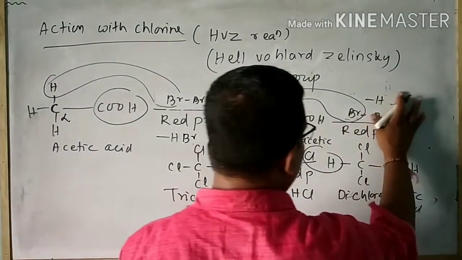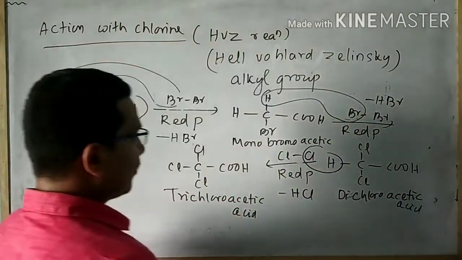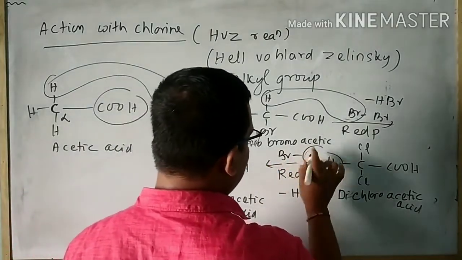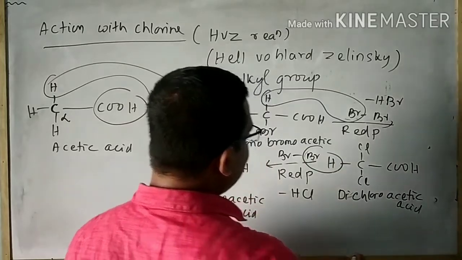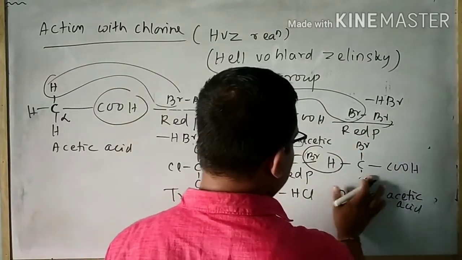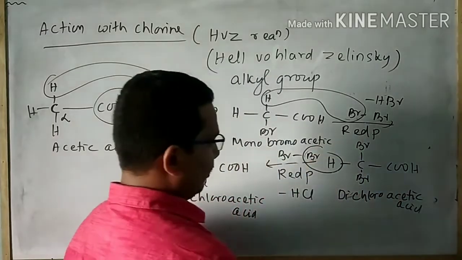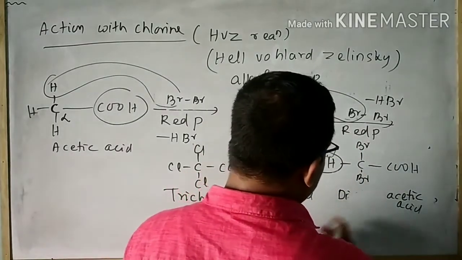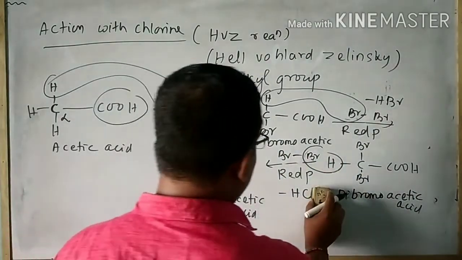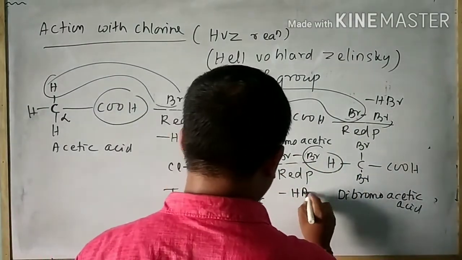Here we also remove HBr. Next step also I will give bromine here. Next is bromine. This is your dibromoacetic acid. Here we remove minus HBr.